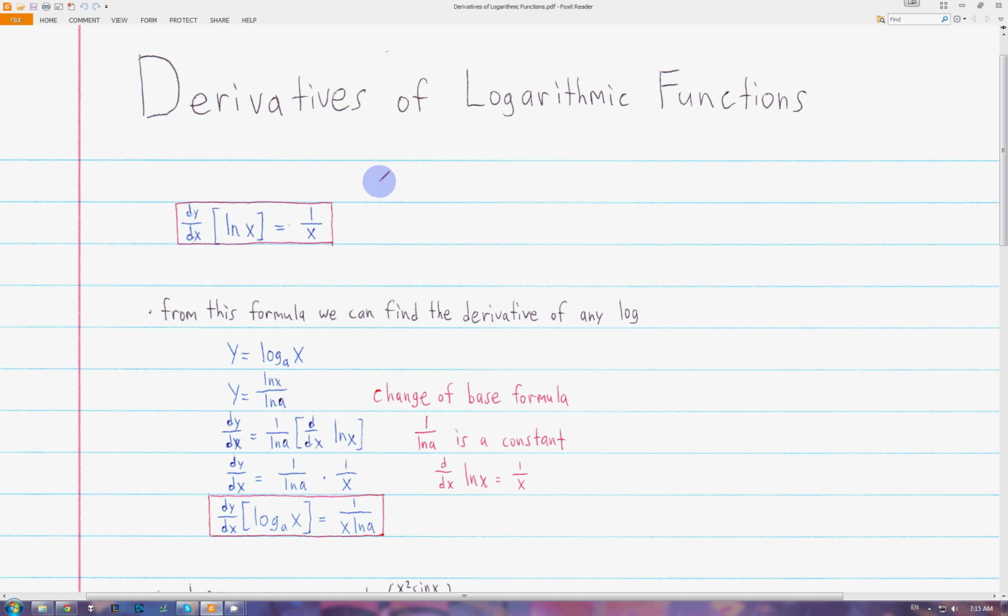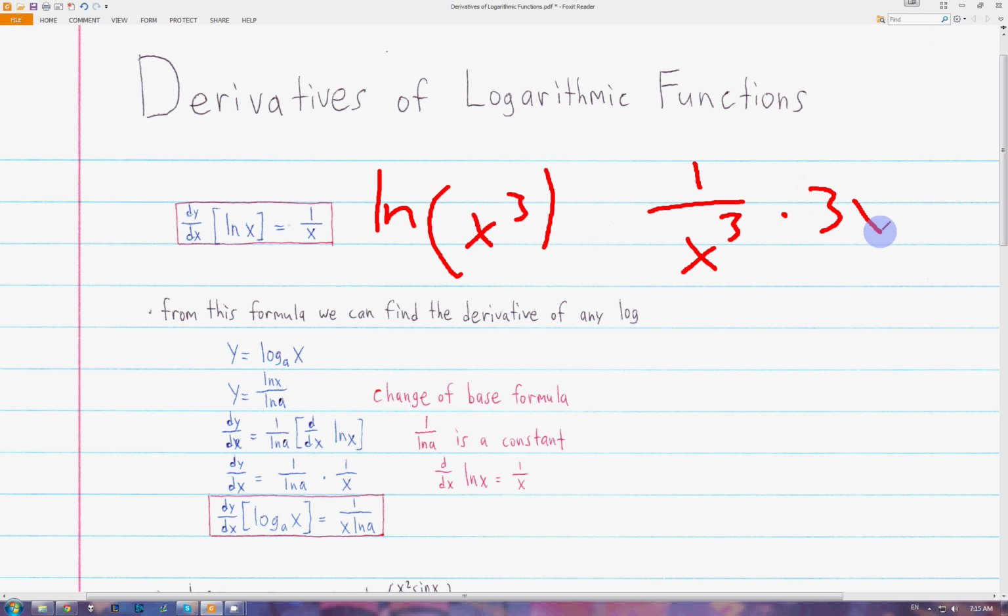For example, if we had ln of x cubed, then the derivative would be 1 over the inside, which is x cubed. And then we'd have to use the chain rule, since we have a function on the inside instead of just x. So then we would multiply it by the derivative of the inside, 3x squared. And that would be the derivative.